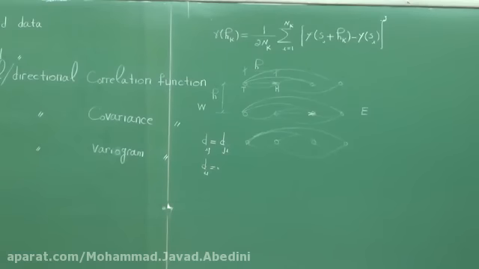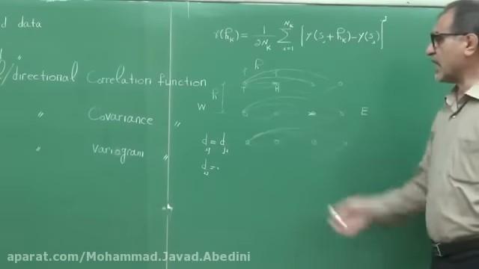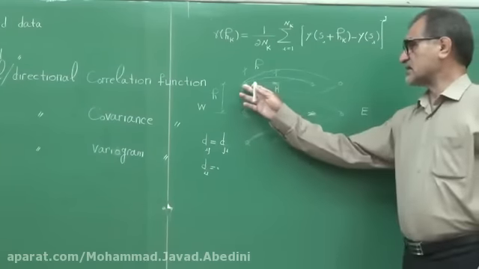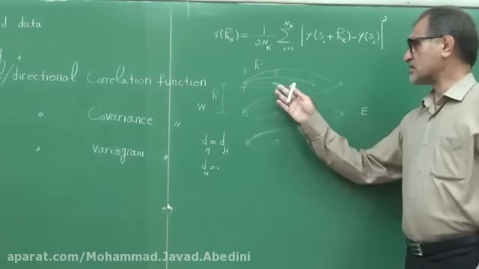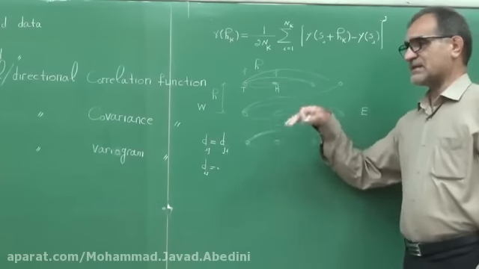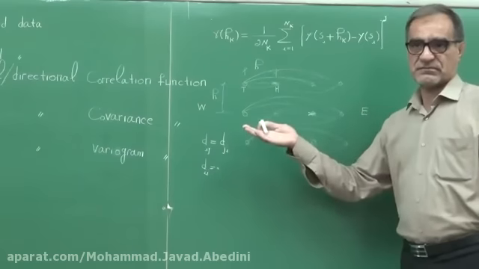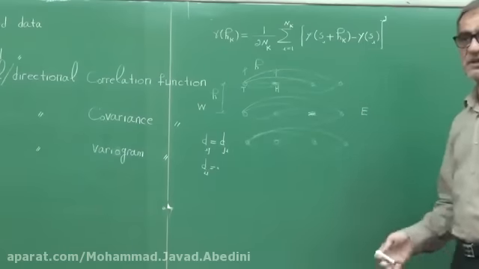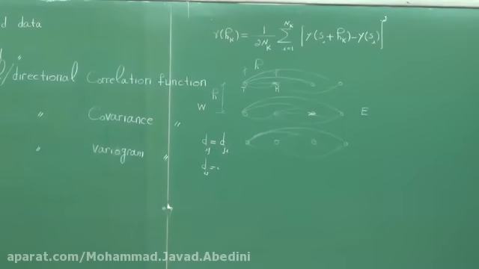Let me start with, again, if this is your y at, say, s_i, this is going to be your y at s plus h, because you will increase the spatial location to s plus h.